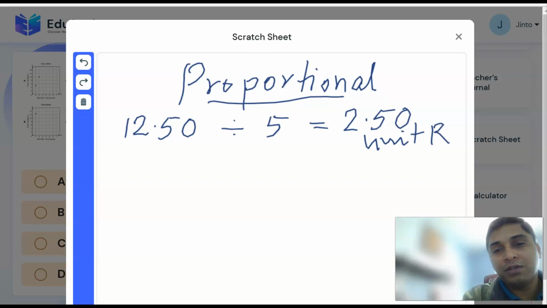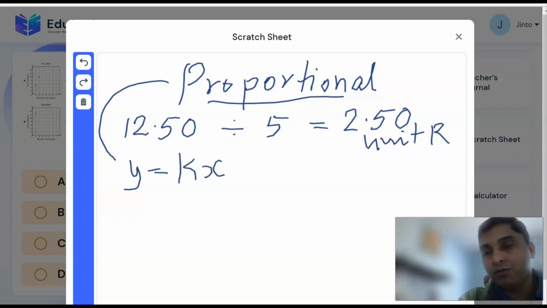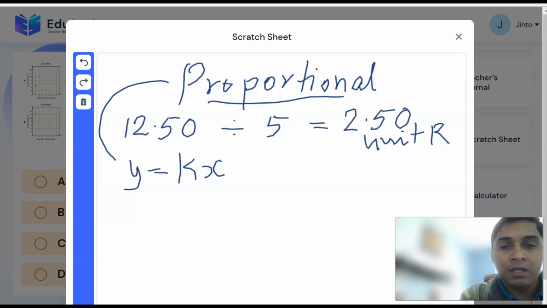Now this is a proportional word problem, therefore our equation is going to be in the form of y equals kx, and you don't have the y-intercept. It's a graph passing through the origin, and the constant of proportionality or the unit rate for us is 2.5.